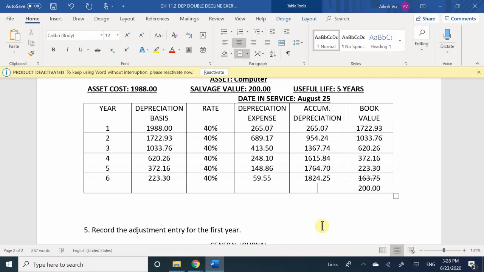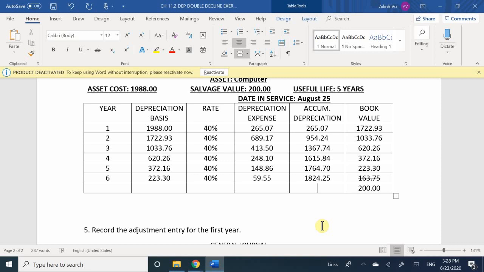What's the formula for book value? If we know what our book value is, what is the formula? Cost of asset minus accumulated depreciation. Exactly. So if you know order of operations, where you can move the numbers around and it would mean the same thing.